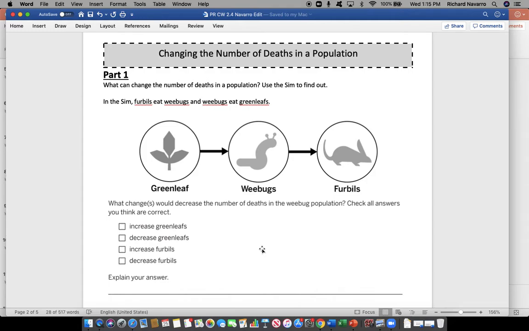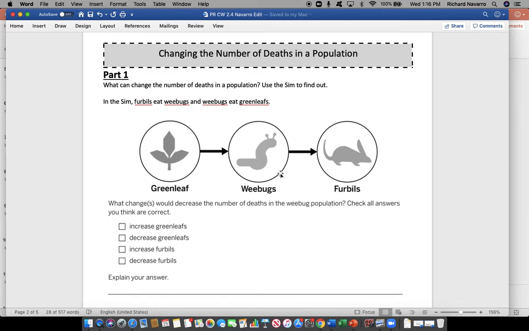So, what do you think would cause a decrease in the number of wee bug deaths? Well, since we know that furbles eat wee bugs for energy, then furbles are the predator, wee bugs are the prey. Furbles being a consumer population and wee bugs being a resource population.